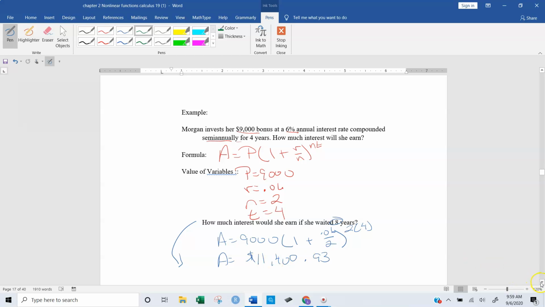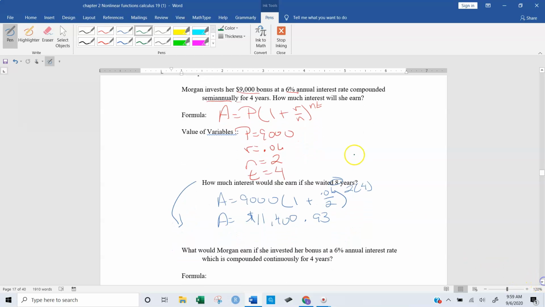All right, now let's do the same thing with my 8 years, since I wrote this in the wrong spot. Nothing changes except the 4 in the formula, so 2 and 8. So now we get A equals 9,000 times 1 plus, still the same interest rate, still compounded semi-annually, so the N is the same, and this time I put in an 8.